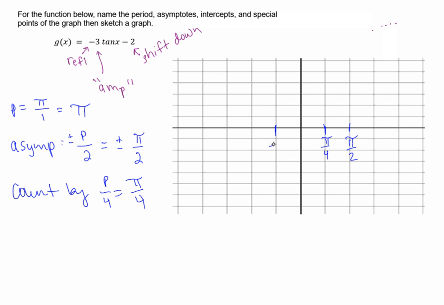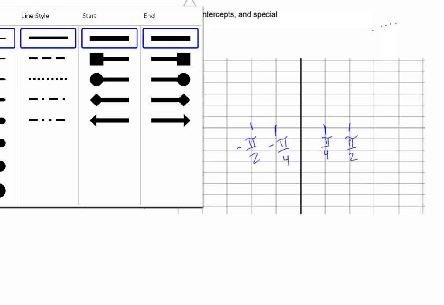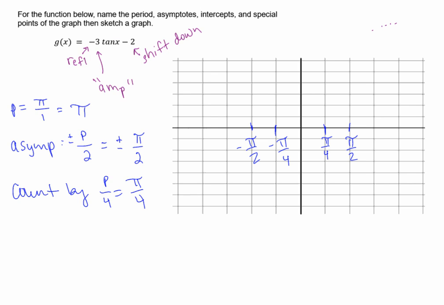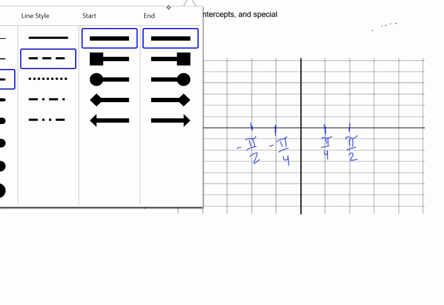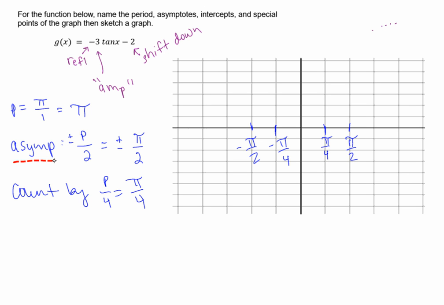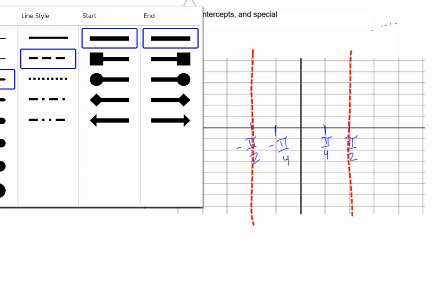And then the other direction is negative pi over 4, negative pi over 2. It'll always be 2 to the left and 2 to the right, but if that helps you label the whole thing, you can. So asymptotes. I like the line picker. It's kind of nice. Oh, wait, they'll do it dashed for me. So asymptotes right here, 2 to the left of 0 and 2 to the right. Okay, easy.